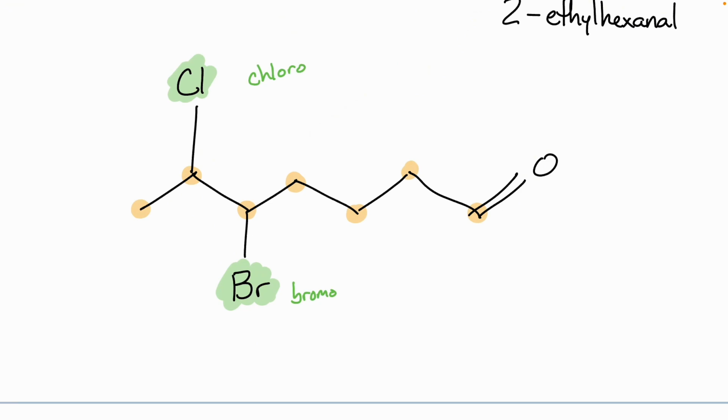Okay, I'm going to start numbering, and which is going to be carbon 1? That carbonyl carbon, right? So remember, this is a good example where you might be tempted to go from over here because that puts those at a lower number. But we have to remember that that carbonyl carbon is going to be the carbon number 1.